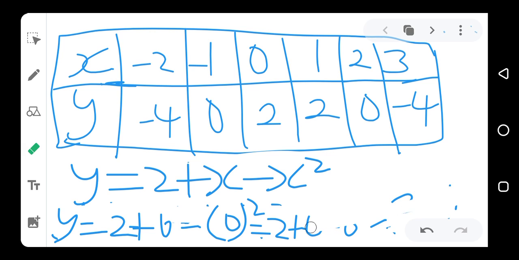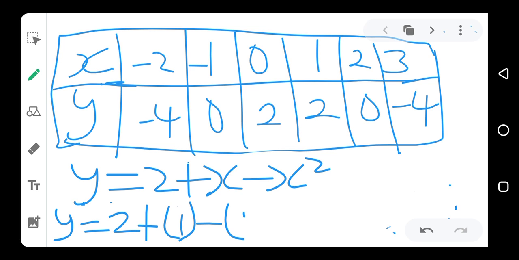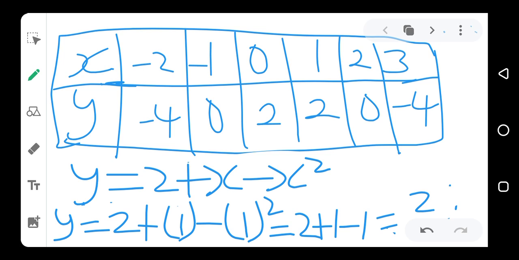Now when x is equal to 1, our y is equal to 2 plus 1 minus 1 squared, which is equal to 2 plus 1 minus 1, which is equal to 3 minus 1. 3 minus 1 is equal to 2.